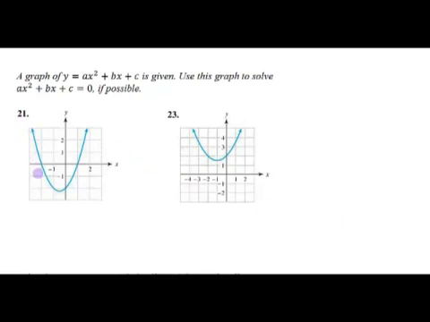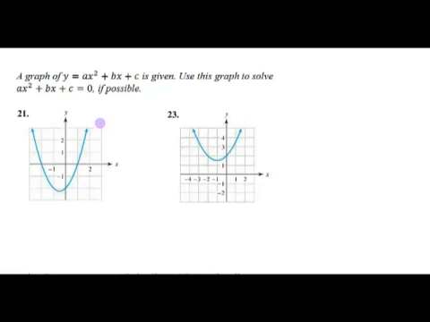Now we're looking at these graphs of these quadratic equations, and look at the equations they've given us up here. First they have the graph equation, and then they want us to use that graph to solve this equation. We don't have the values of a, b, and c, so we can't do this symbolically or with algebra.